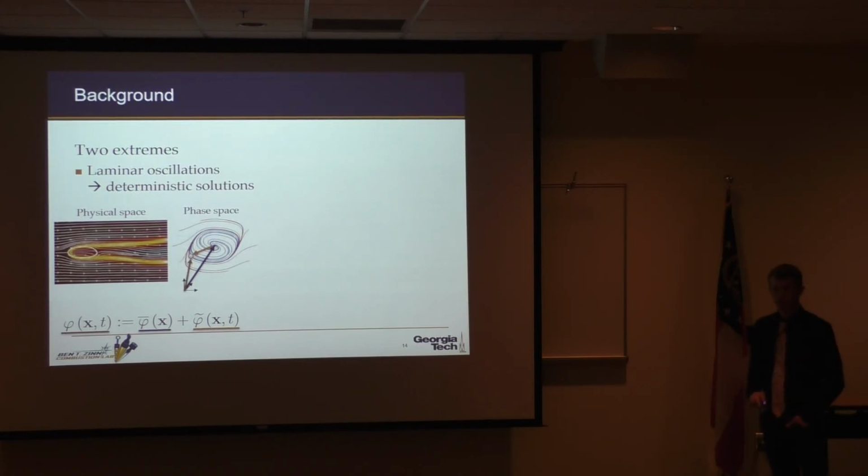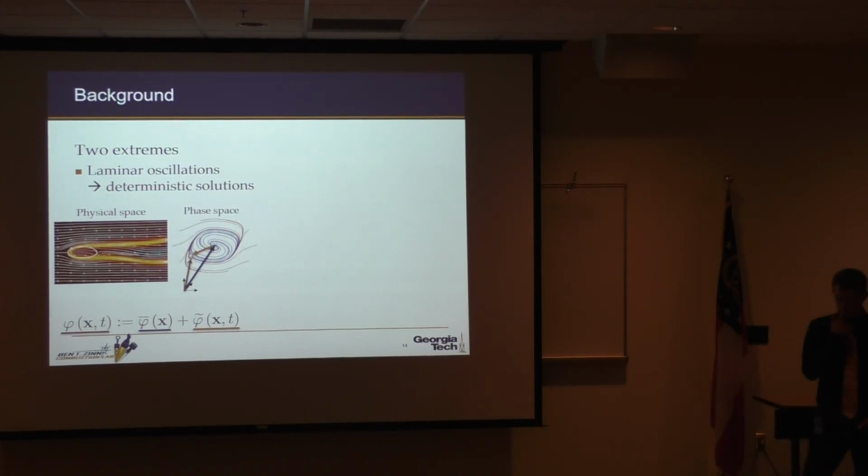I was just wondering, would you always say that if there's a precessing vortex core, once it starts to spin around, there's always some type of helical vortex mode?